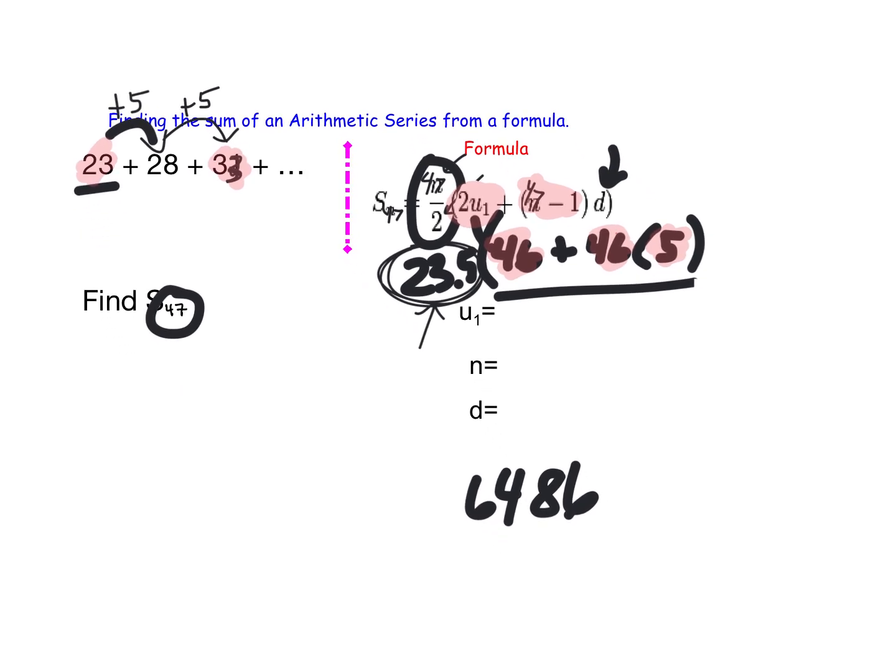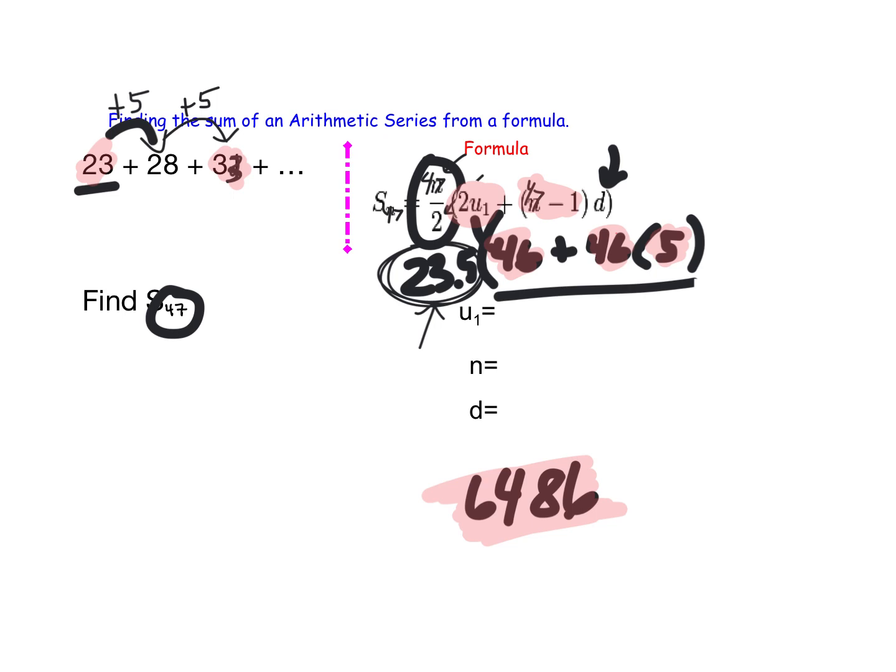Okay, so I'm just double checking myself to make sure I didn't mess anything up. 46 times 5, and then I'm going to add another 46. Could have just done 47. No, 46 times 6 would have also worked. 276 times 23.5. I'm now more certain than ever that the answer is 6486.